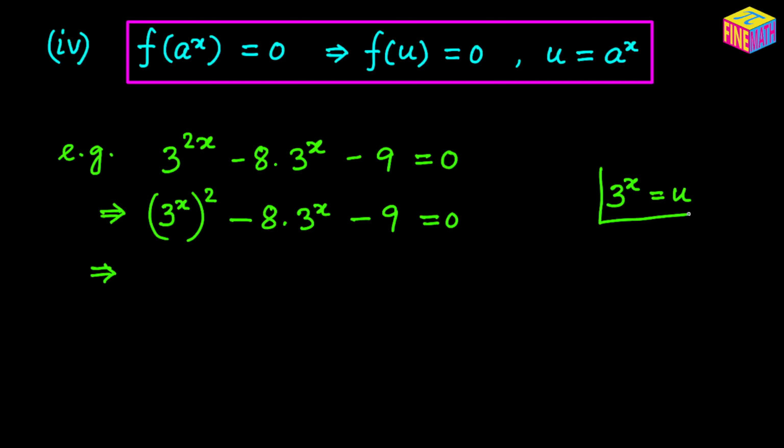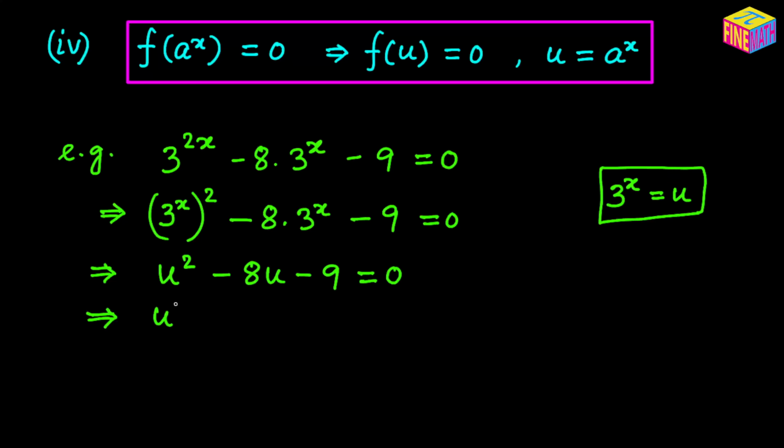With that assumption, I'm just going to substitute in this equation wherever we have 3 to the power x, I'm going to use u. So now can we say that this must be u squared minus 8 times u minus 9 is equal to 0, and from here let's try to factorize it.